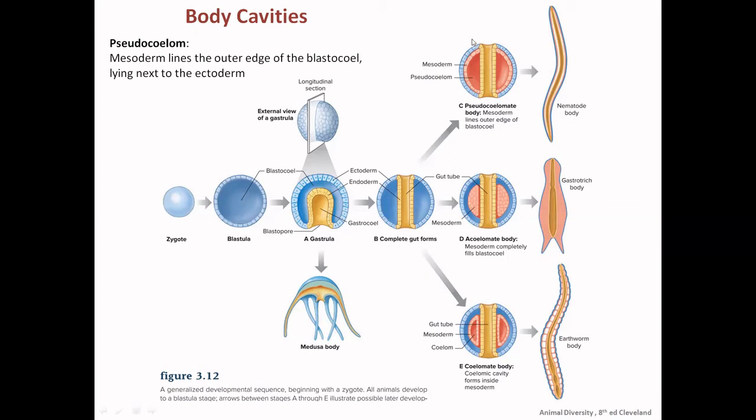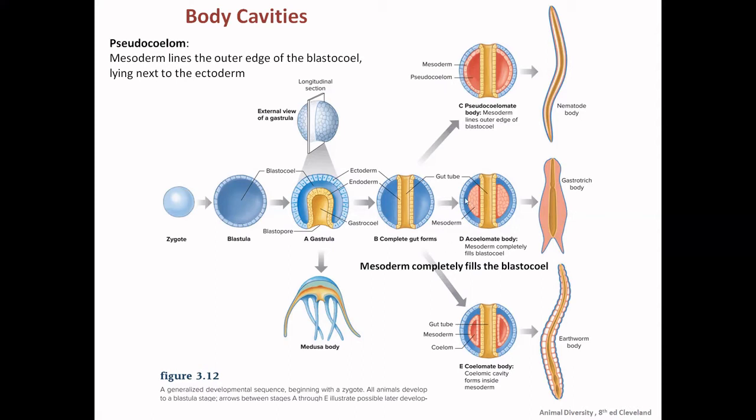When it is adjacent to the ectoderm, there is only one layer of mesoderm lining the inner side of the ectoderm. Then there is a pseudocoelom. It does not develop a true coelom. So the pseudocoelom is the mesoderm lying at the outer edge of the blastocoel, next to the ectoderm.